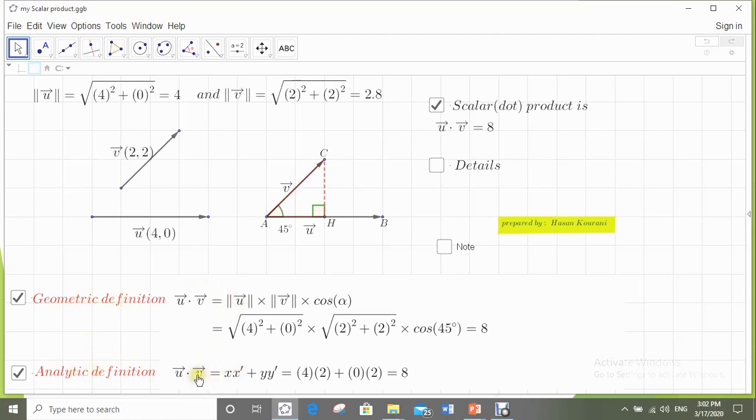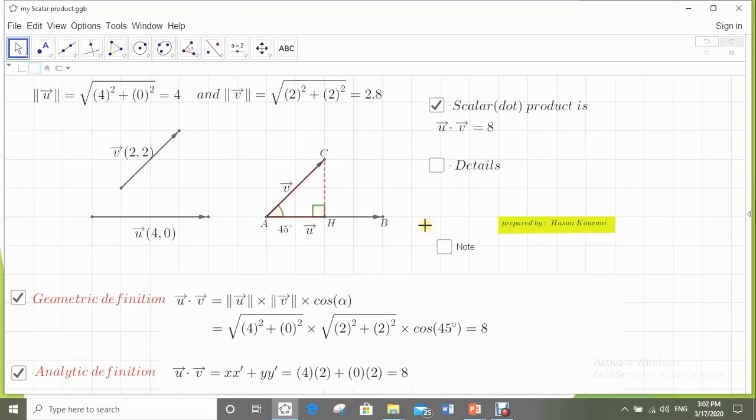As you see, u dot v is x x prime plus y y prime, where x and y are the coordinates of u, and x prime, y prime are the coordinates of the second vector v. As you see, we can easily get the answer directly. If we know the coordinates of these two vectors, we can use the analytic definition, or if you are given the geometric angle between these two vectors, you may also use the geometric definition to get the same answer.